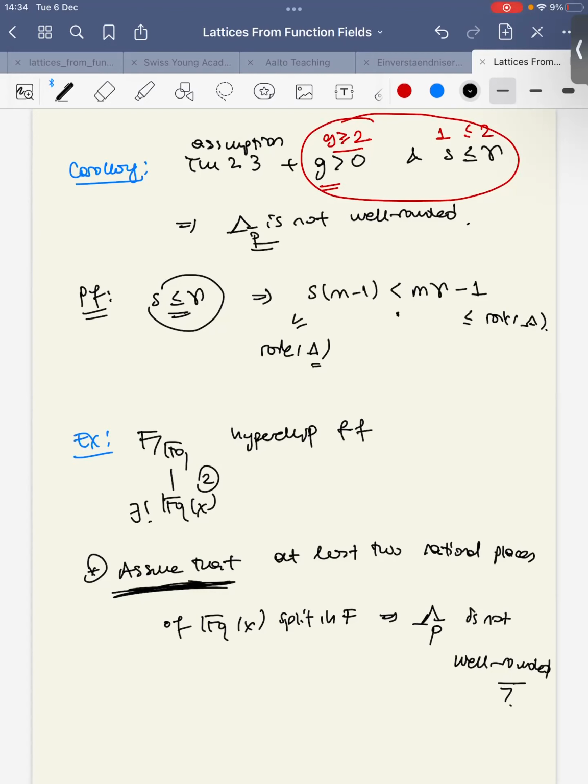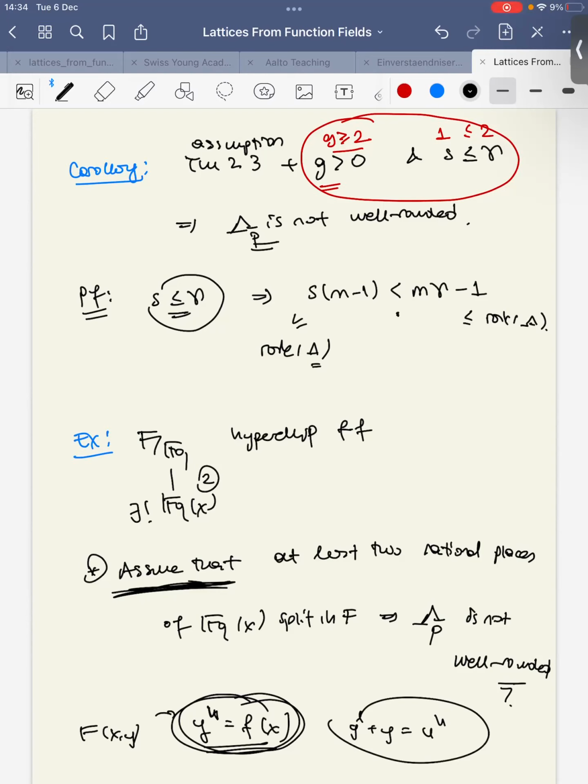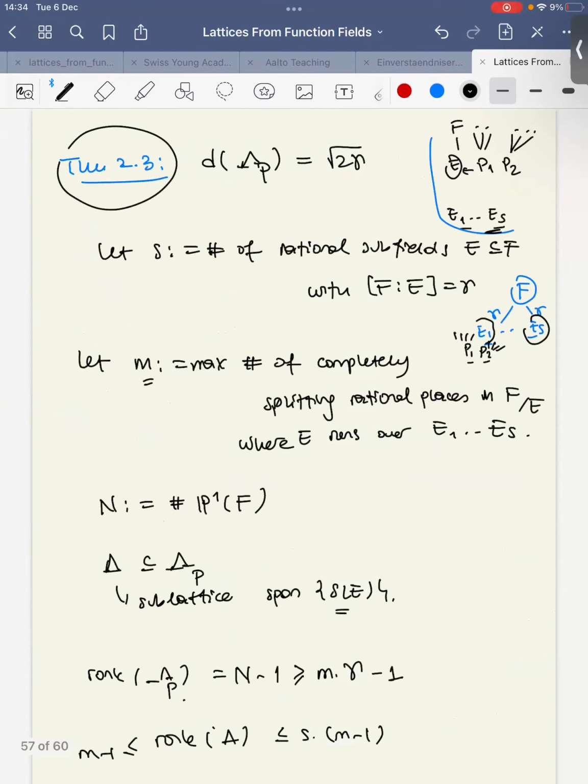For instance, in addition to some assumptions, they have seen that function fields generated in this form, or some special type of Kummer extensions, are also not well-rounded, or the function fields y to the l plus y to the h are not well-rounded, by only analyzing these rank arguments. But this is all I want to say.